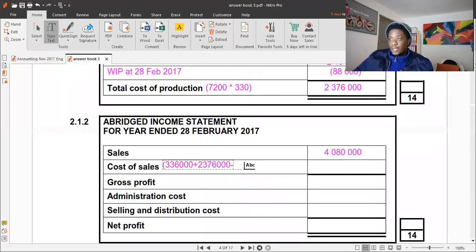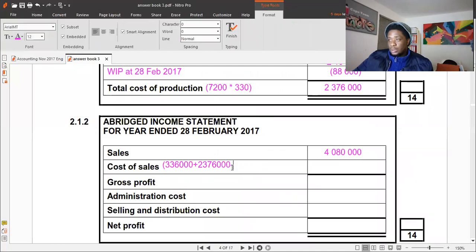And so in order to get the closing stock, you would say 400 units multiplied by 230. We'll put it in brackets, and then your amount would be 2,580,000.